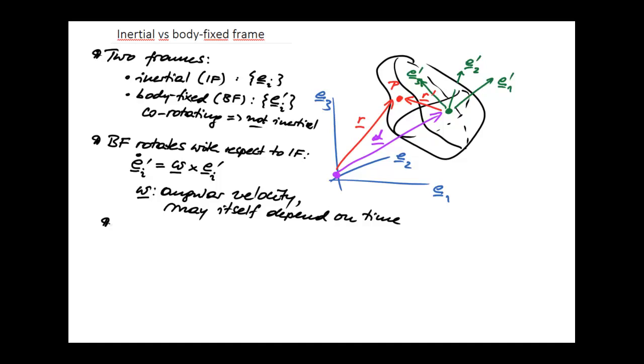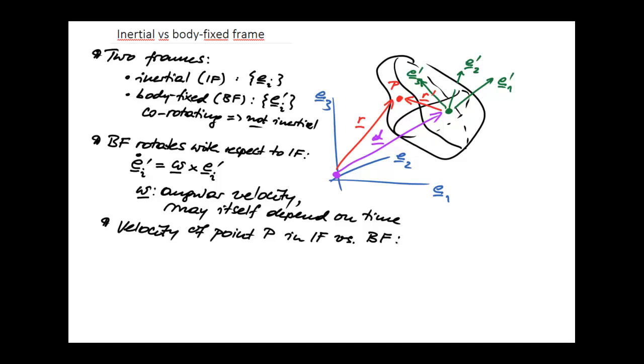And let's look at the velocity of that point P as seen in the inertial frame versus the velocity of point P as seen in the body fixed frame. So we're interested in the velocity of point P in the inertial frame versus its velocity in the body fixed frame.